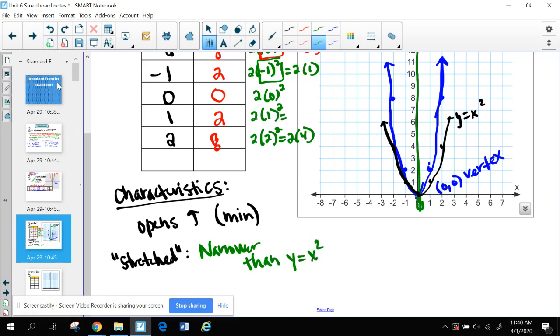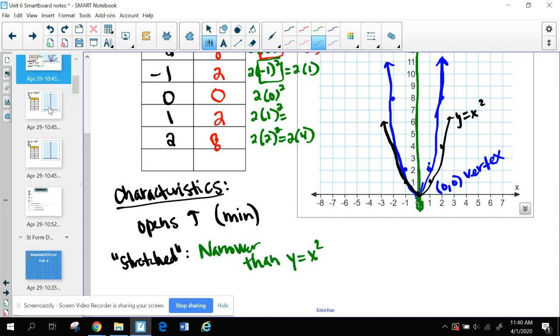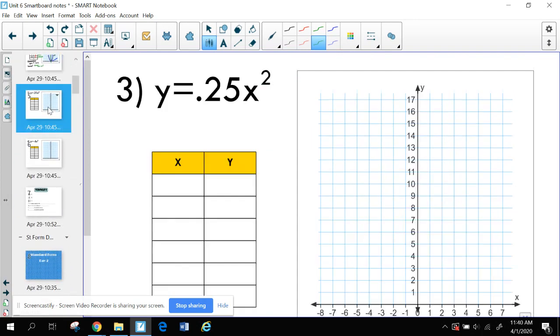Okay, let's graph a couple more. On our third one, now we're doing y equals 0.25x squared. Again, we're just using our -2 to 2. To plug these in, this is really saying 0.25 times -2 squared.